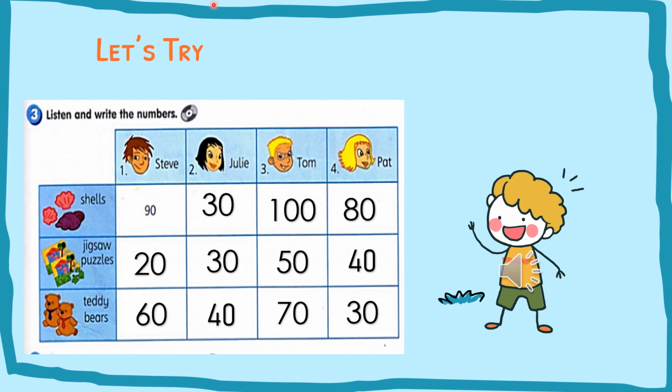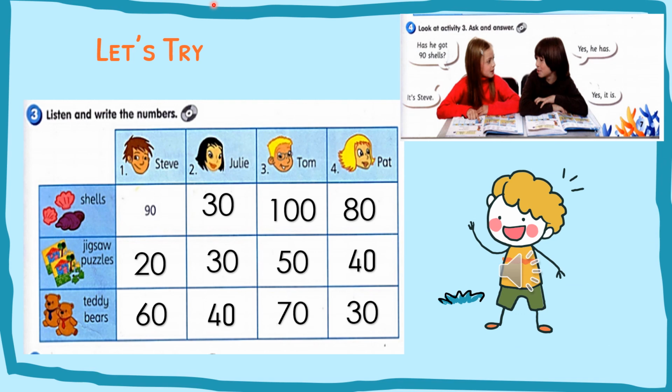And the answers they give are like, I have got 100 shells. For example, I have got 50 jigsaw puzzles. I hope you notice that kind of questions and answers.